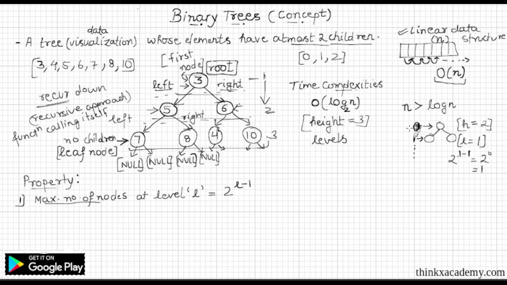So at level 1, we will just name this as level 1, then this is level 2. At level 1, you can see that there is only one node, which is true because the first node is the root node. So this formula will give us the maximum number of nodes that a particular level can accommodate, and this case is only for a binary tree.